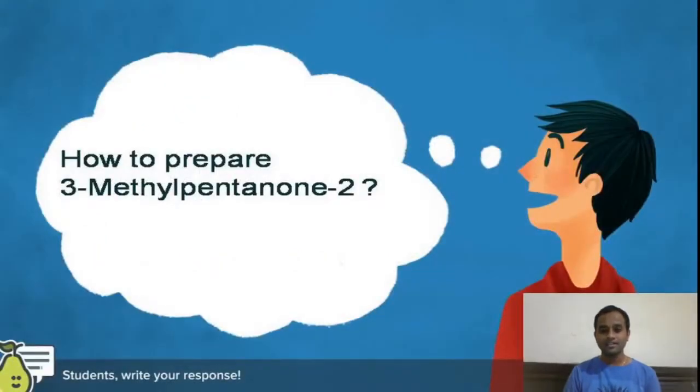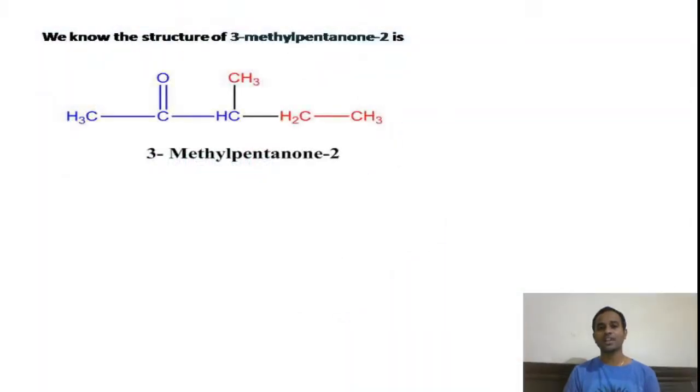Here is another question for you: how to prepare 3-methyl 2-pentanone? For that we need to give the structure for this compound. Based on the name, we convert it into the structure using IUPAC rules, and this is the structure.